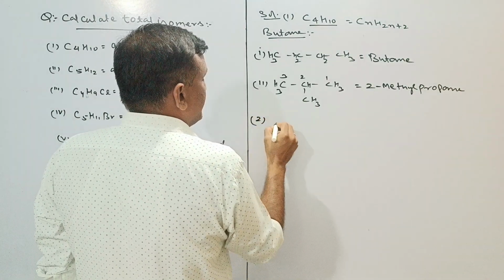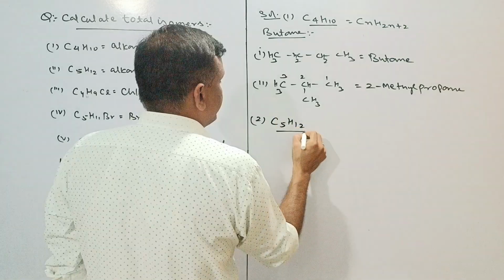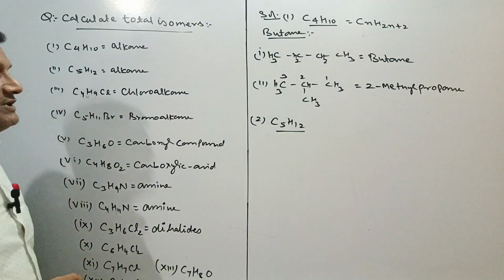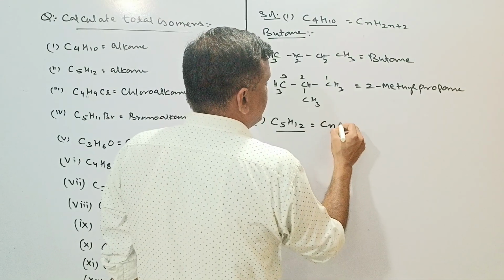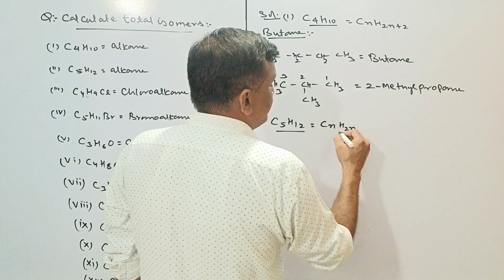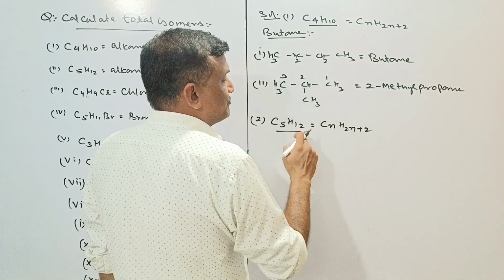Here it is C5H12. Again, here we follow the formula CnH2n+2. 5 times 2 is 10, plus 2 is 12.